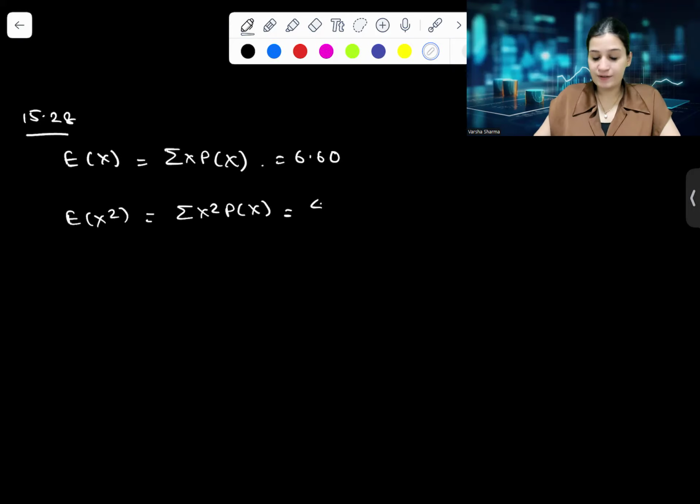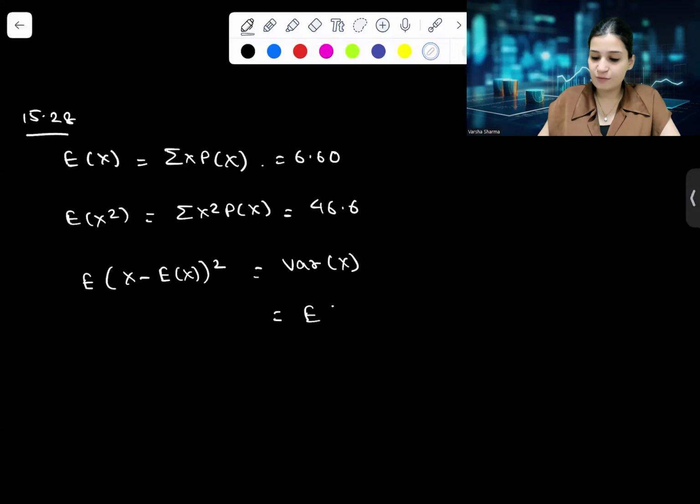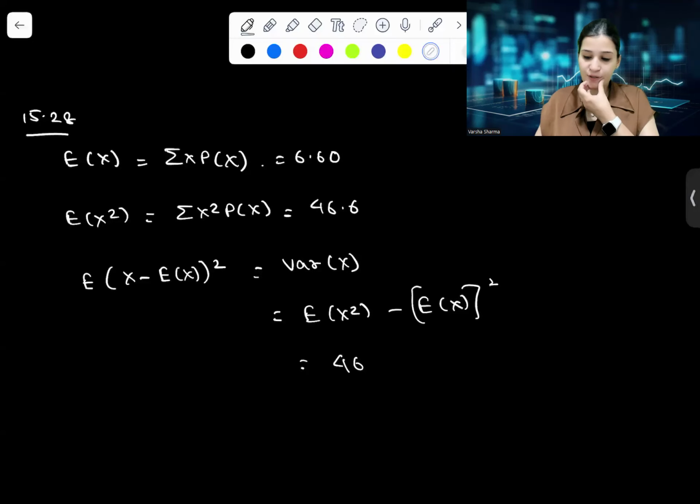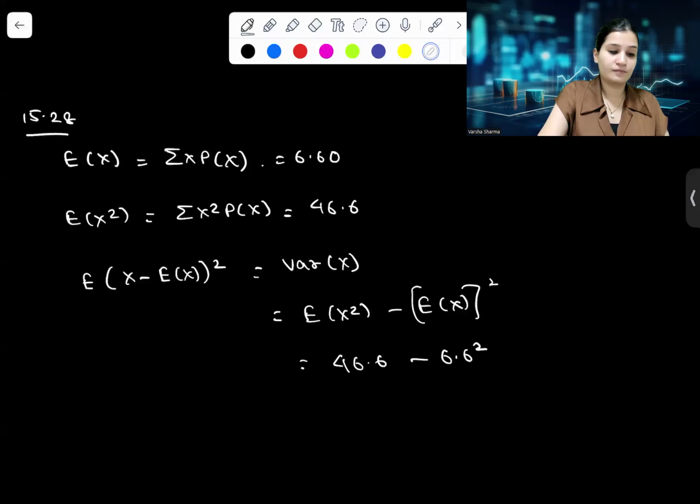What is 6.6? Now, the question asked us expectation of x minus E of x whole square. This is basically variance. We use this formula E of x square minus E of x whole square. So 46.6 minus 6.6 whole square, 3.04. This is variance.